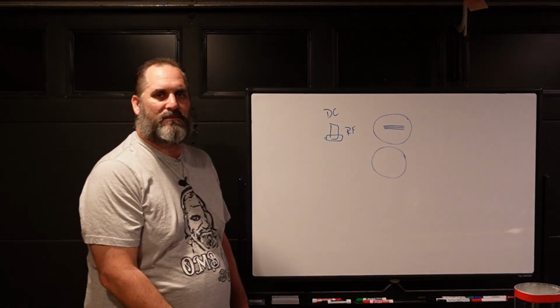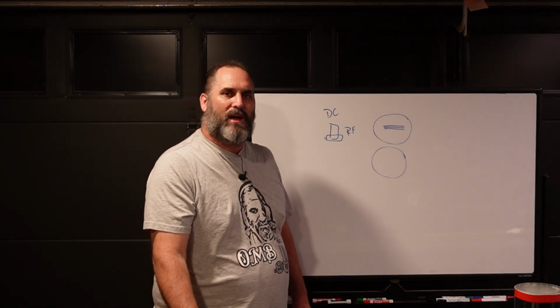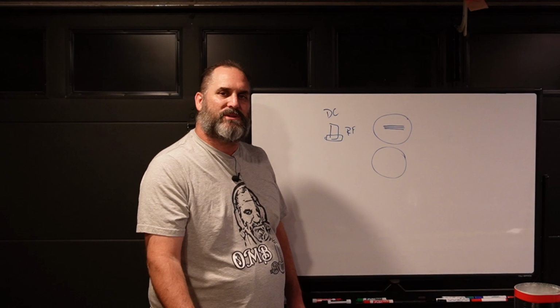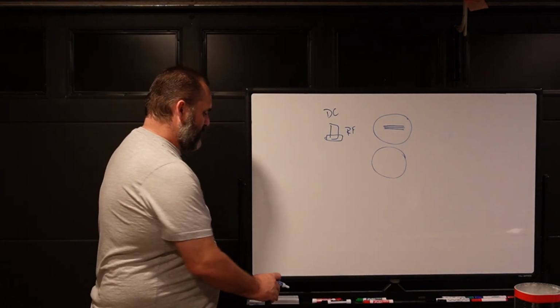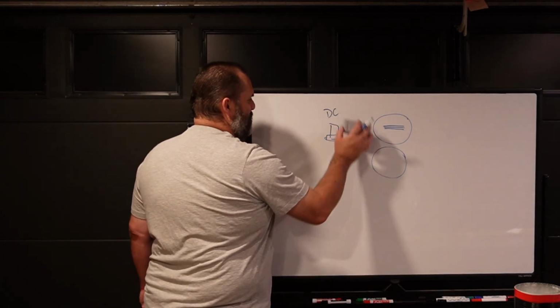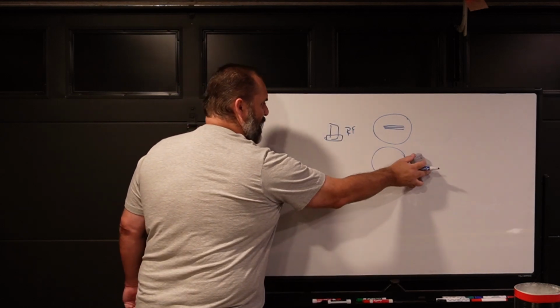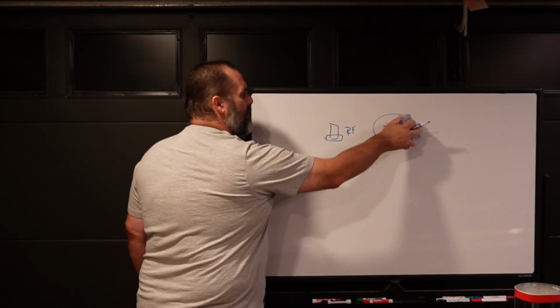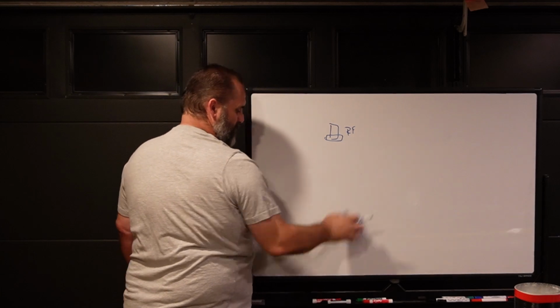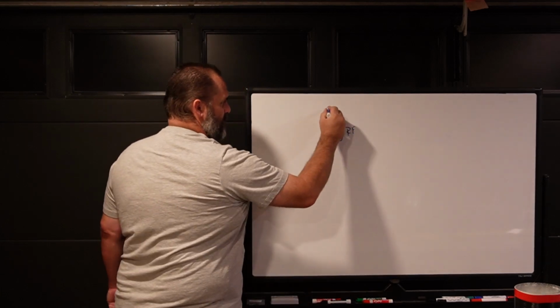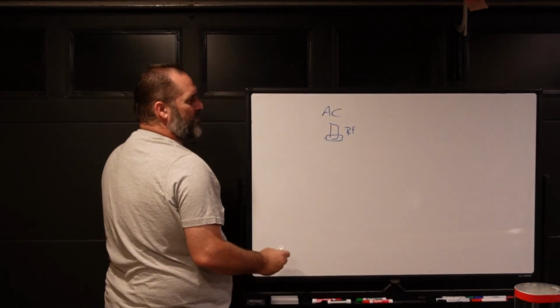There's nothing. Now, how do I flip this so that you can see it? That's the DC version. Let's just do this. I am now going to go the opposite way. Let's go the AC version.